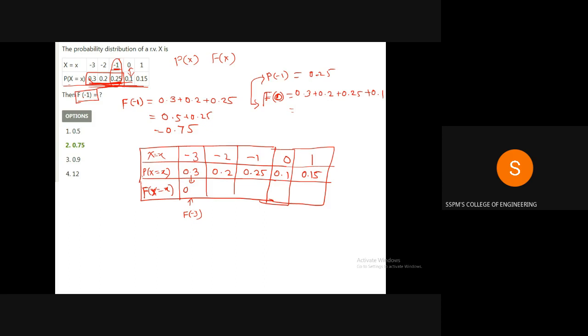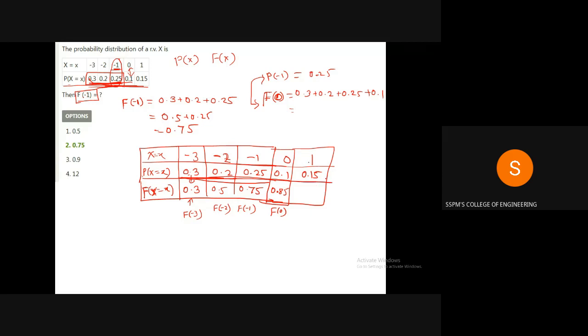Again, for minus 1, F of minus 1 we have already found: you add these three values, that is 0.75. Now for F of 0, you add all these four values, 0.2 plus 0.3 plus 0.25 and 0.1, and the answer will be 0.85.